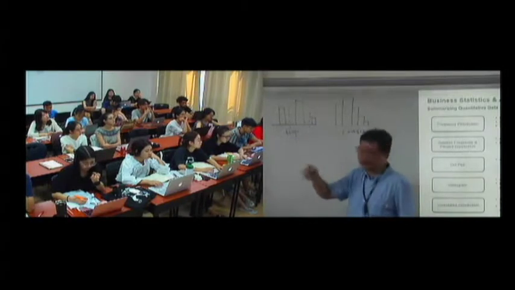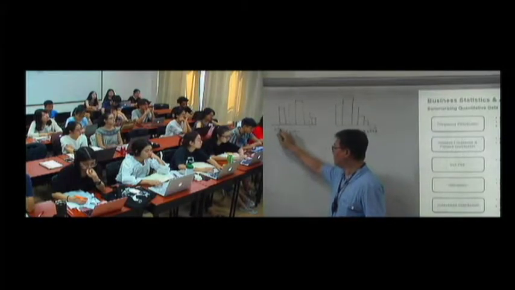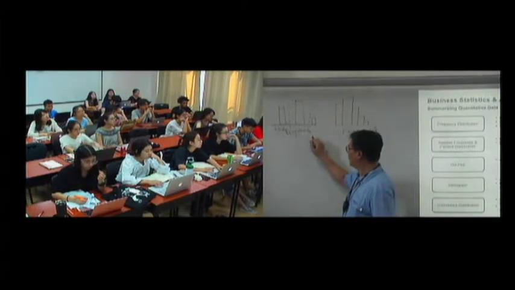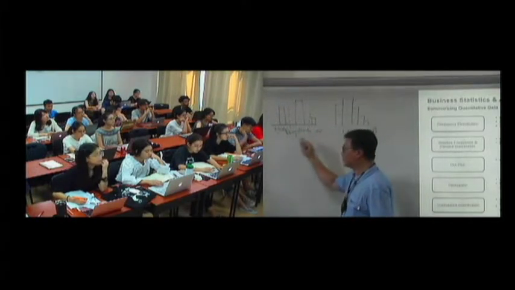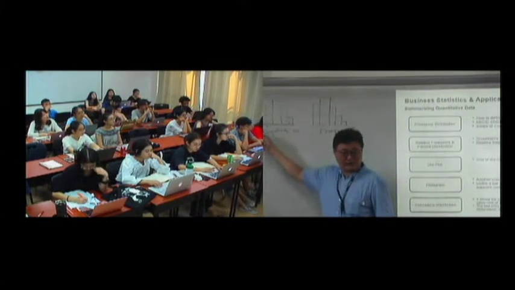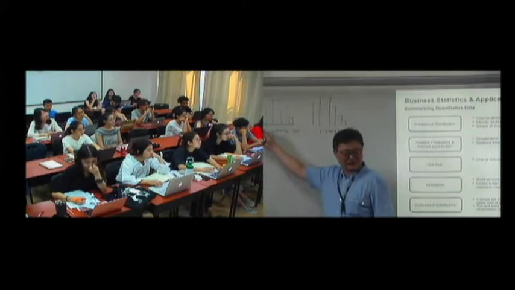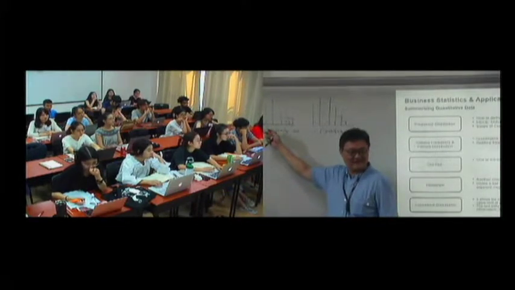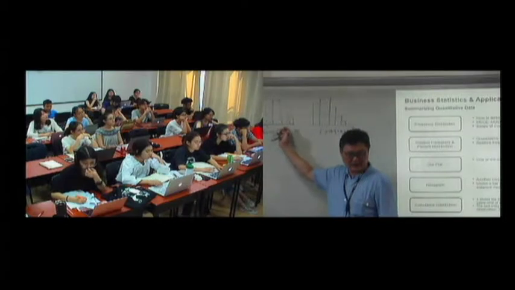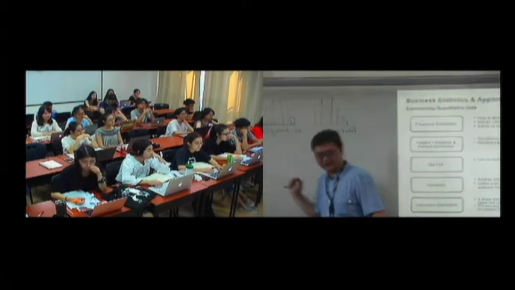For example, categorical data: this is male, this is female, and a third category. Can we compare male and female? Is the female larger than the male? No, this is not continuous. The data is not continuous. In this case, we must separate them from each other.